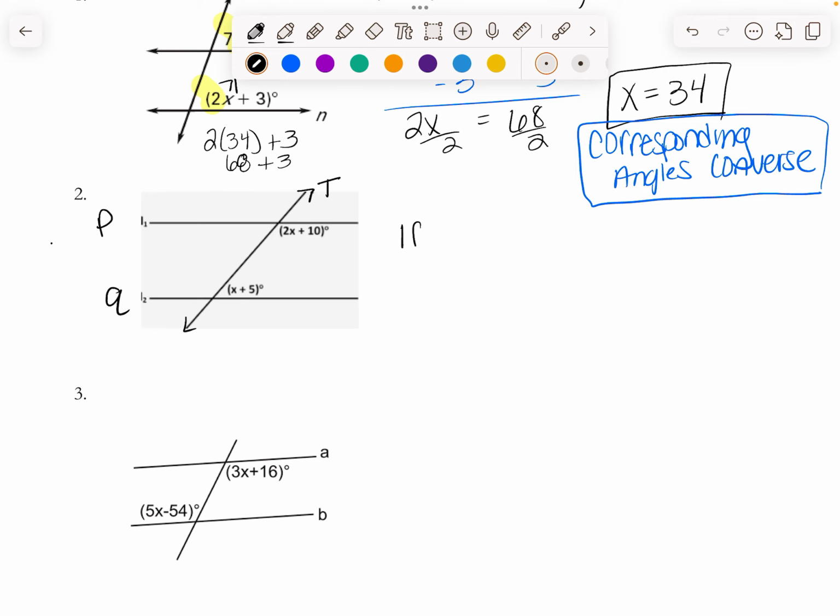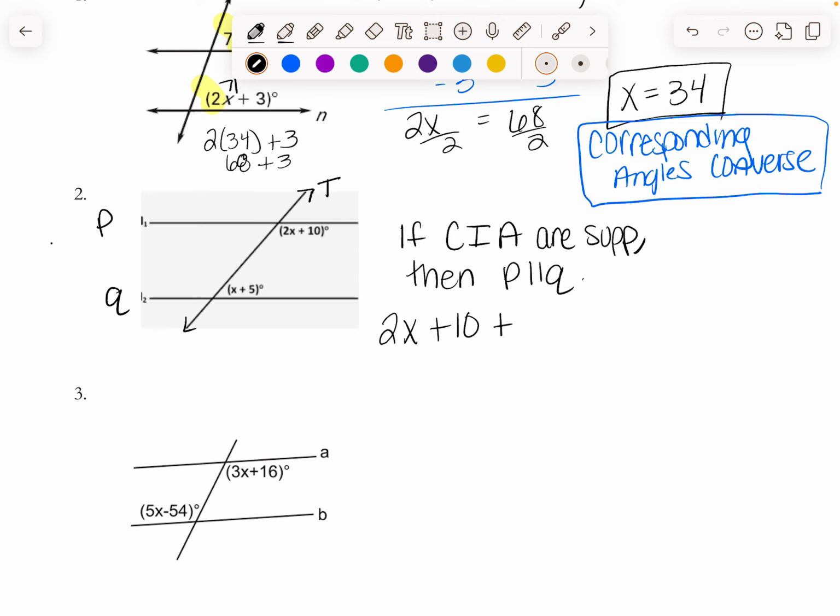So if the consecutive interior angles are supplementary, then P and Q would be parallel. To find a value of x that would make them supplementary, I'm going to add the expressions together and set them equal to 180.